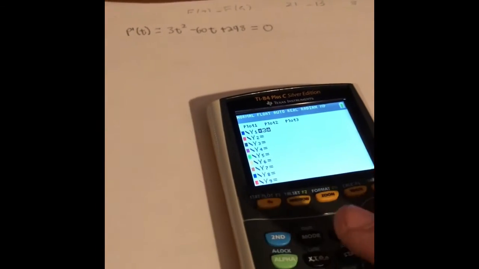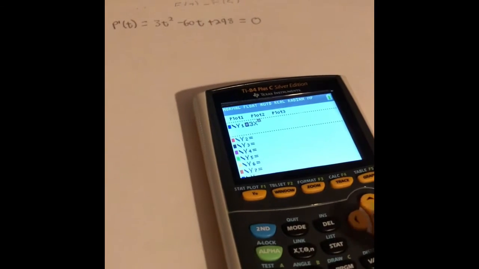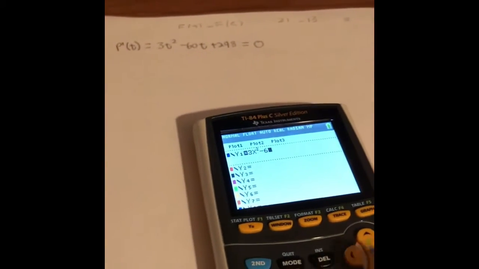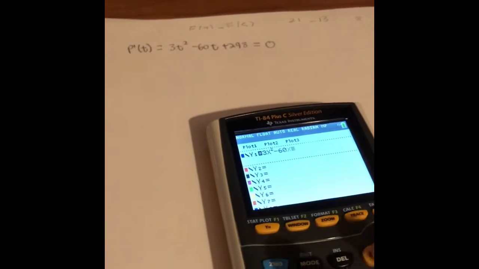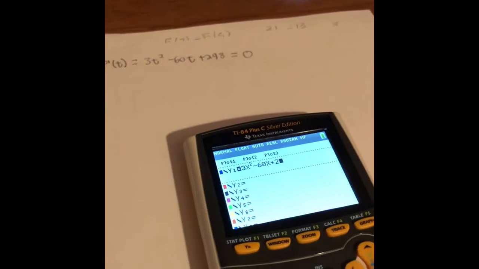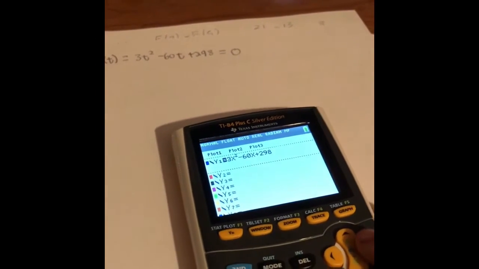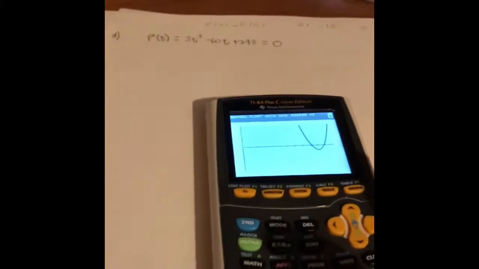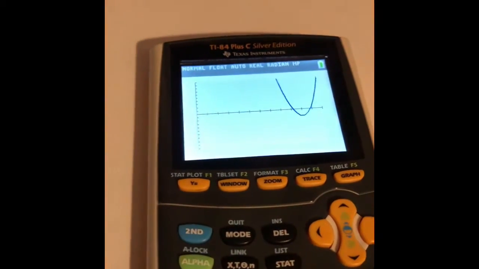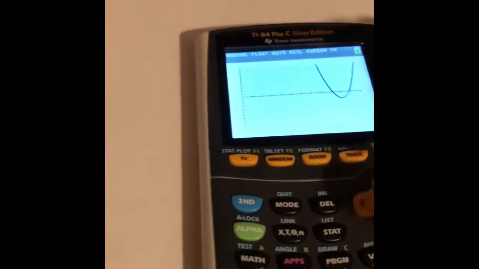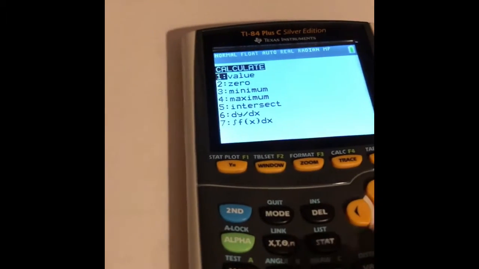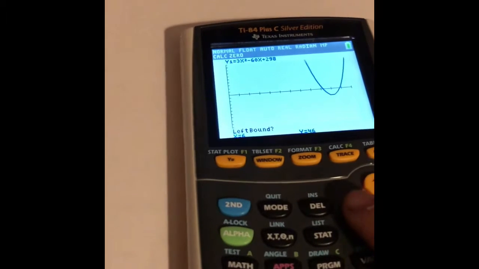So we get 3x squared minus 60x plus 298. Okay, and so this is what the graph looks like. And so since we're setting it equal to 0, we use second calc, zero.